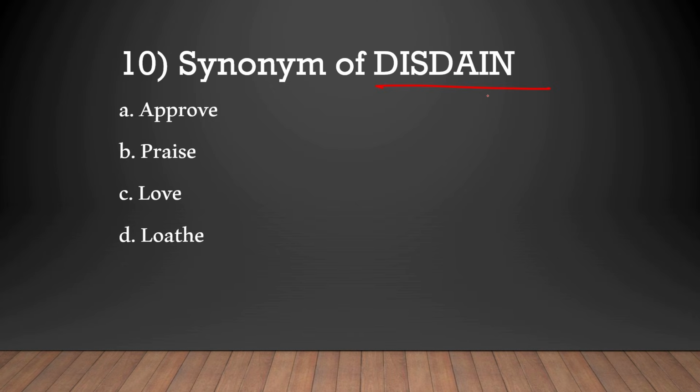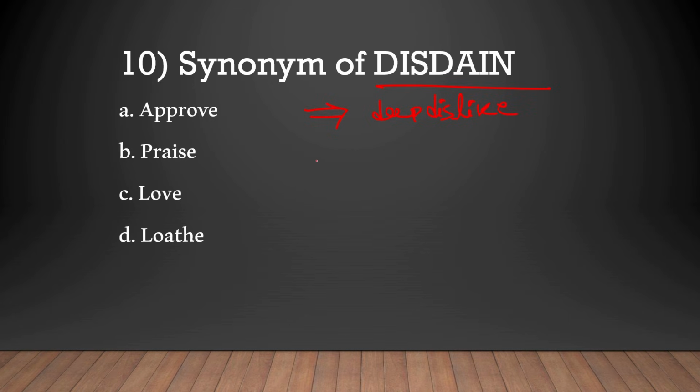Okay, next, synonym of the word disdain. So look very carefully. The word disdain means a strong feeling that someone or something is unworthy of respect. Simply you can say disdain expresses deep dislike or contempt. Okay, so disdain suggests deep dislike.